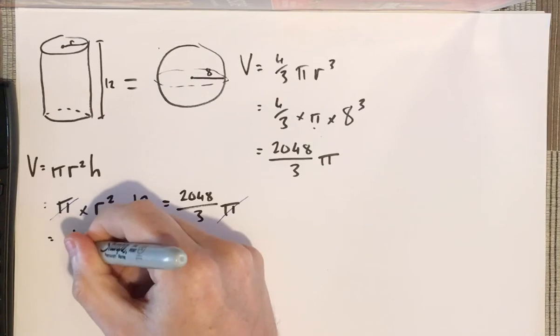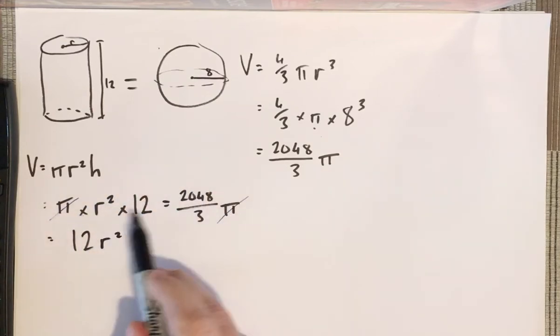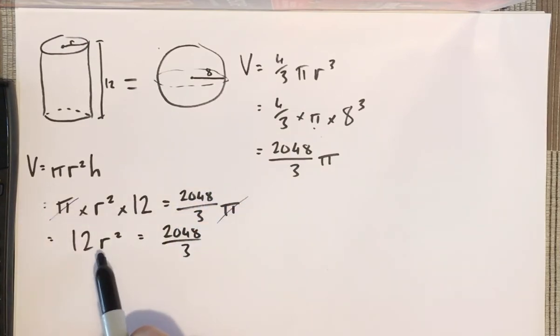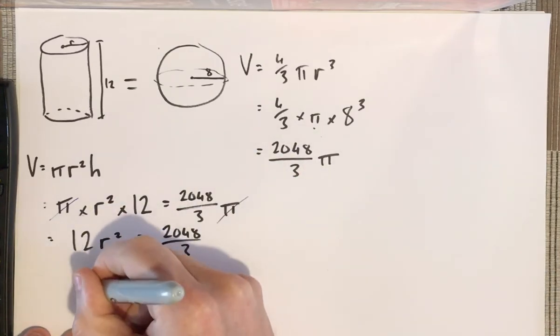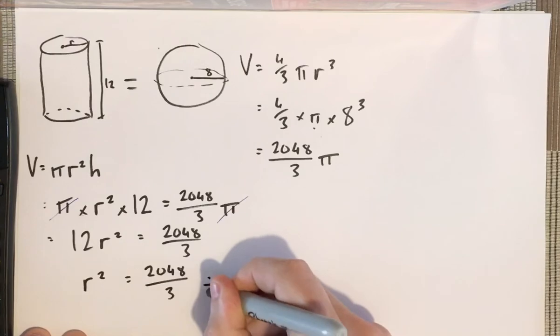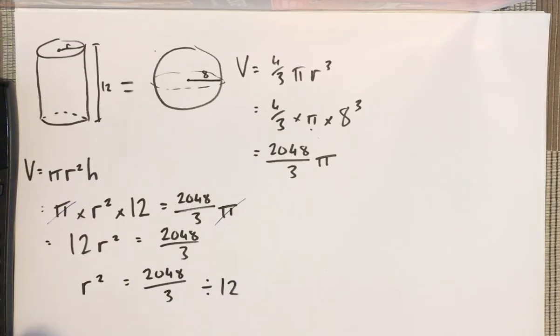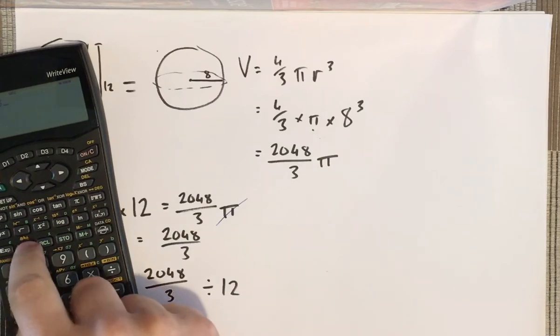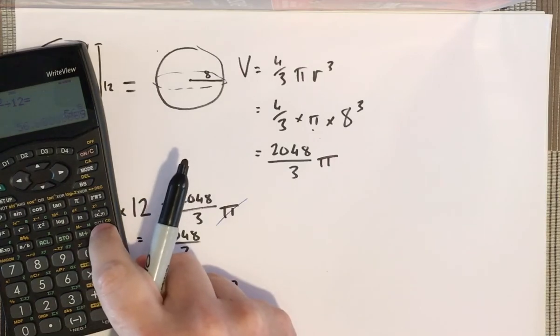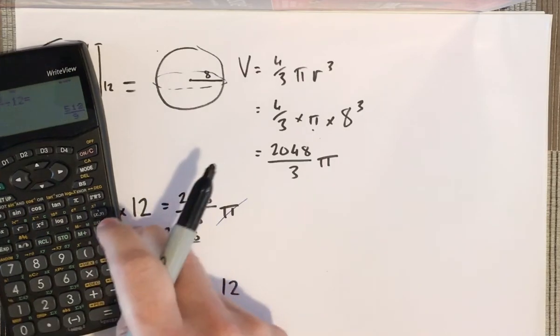So I've got 12 multiplied by r squared is equal to 2048/3. I want to get the r squared on its own, so this is r squared multiplied by 12, so bring it over, it becomes divided by 12. Or else say you're dividing both sides by 12. So you'll get r squared is equal to 2048/3 divided by 12, which is 56 8/9, or 512/9.